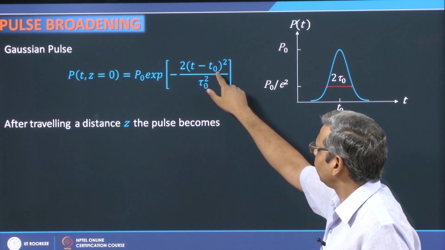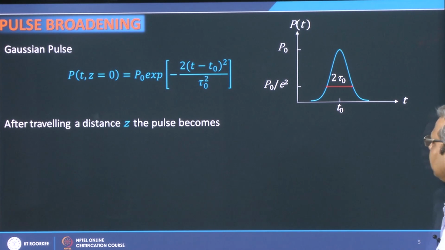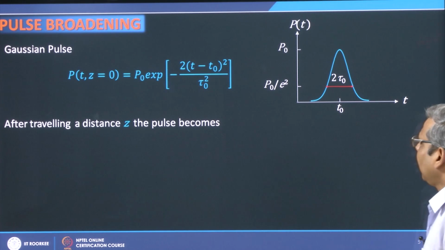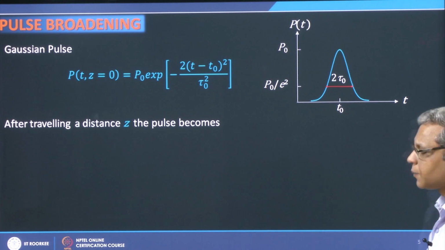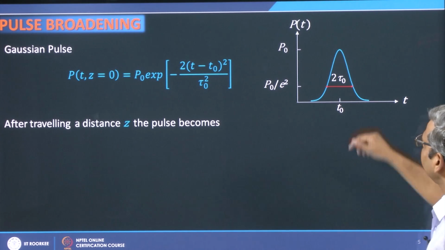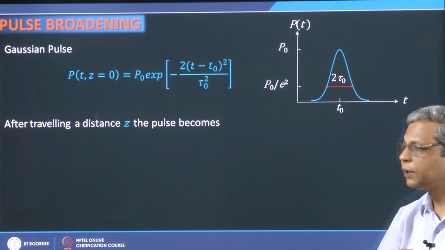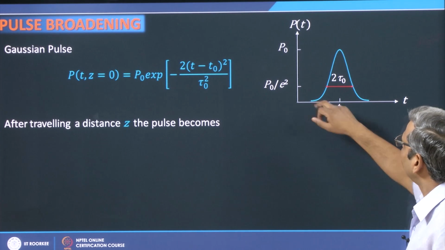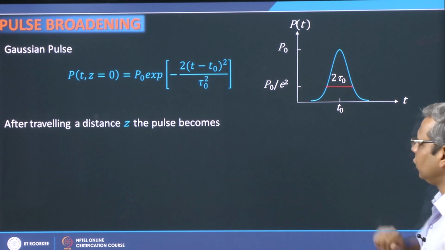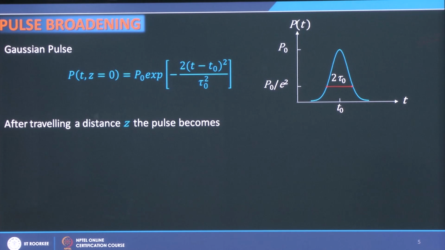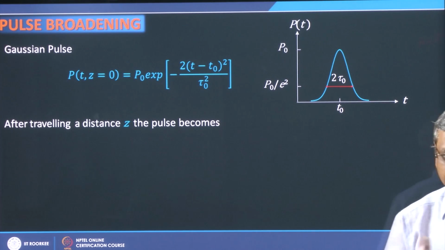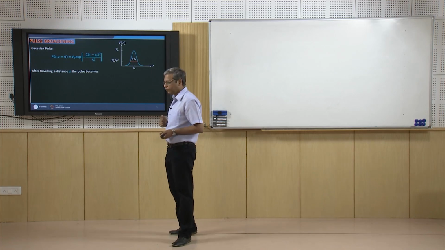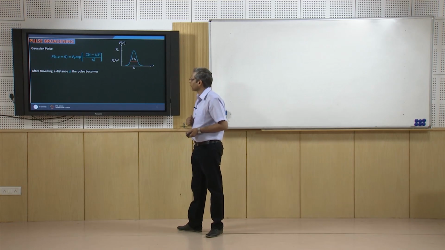So, this is called the position of pulse or the center of pulse, and 2 tau 0 is the width of the pulse where the power has dropped down to 1 over e square of its peak value. So, this 2 tau naught is full width and we usually call tau naught as width of the pulse.